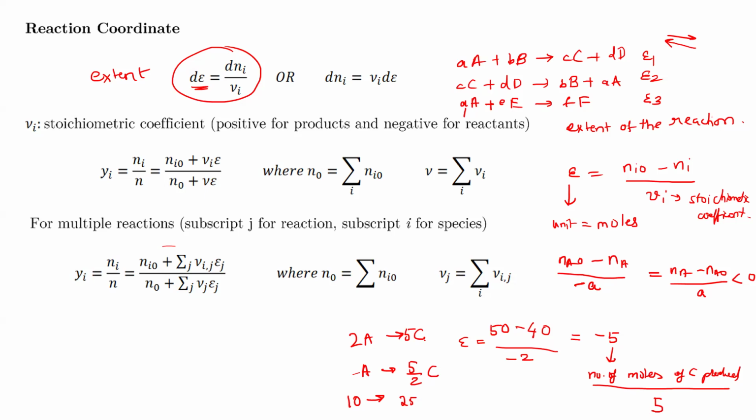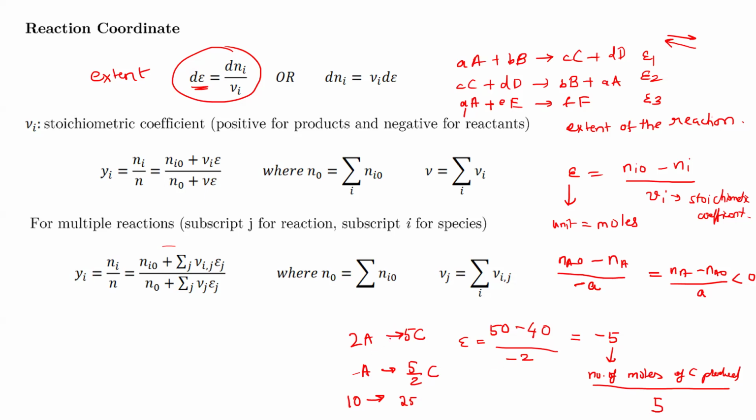Initially I had 50 moles of A, and now finally I have 40 moles of A. The stoichiometric coefficient is minus 2 for A, so the extent is minus 5; that is, 5 times this reaction has happened.